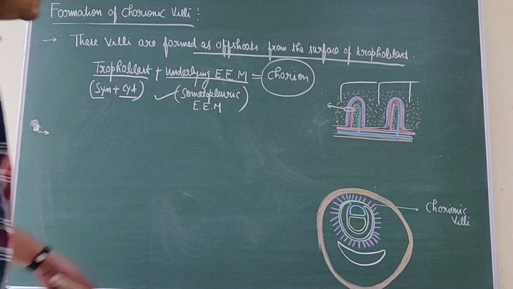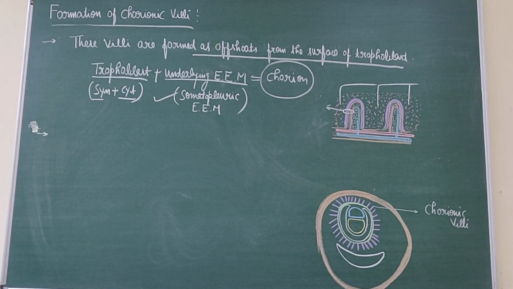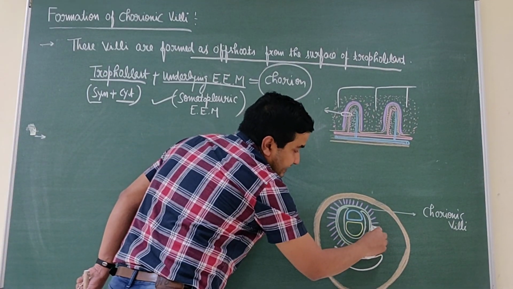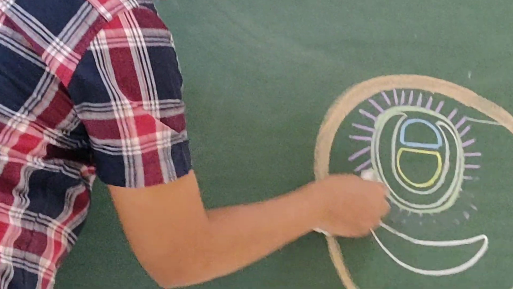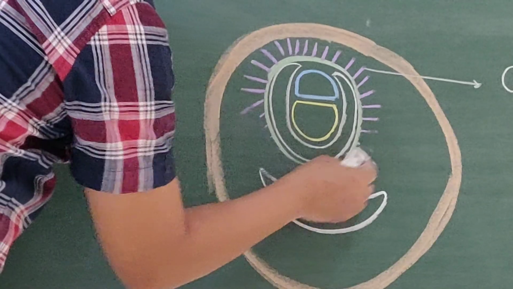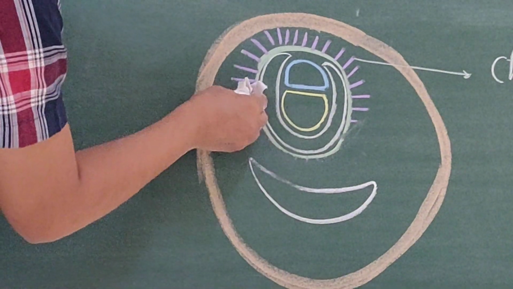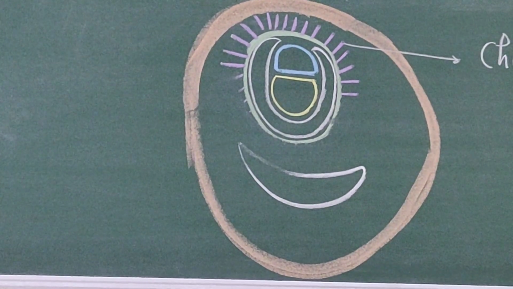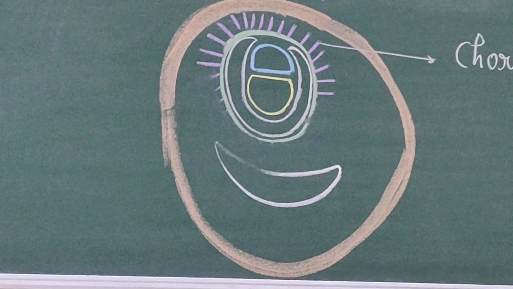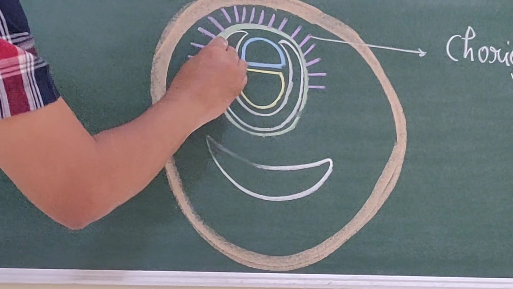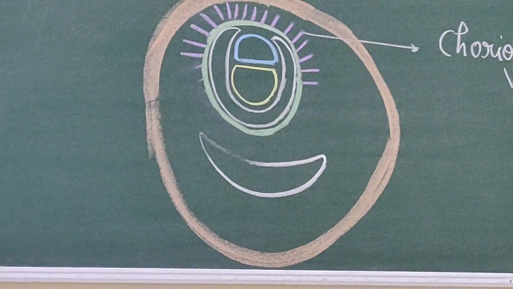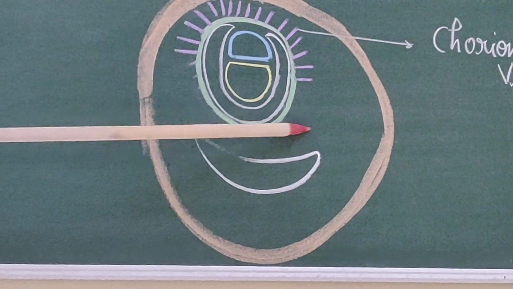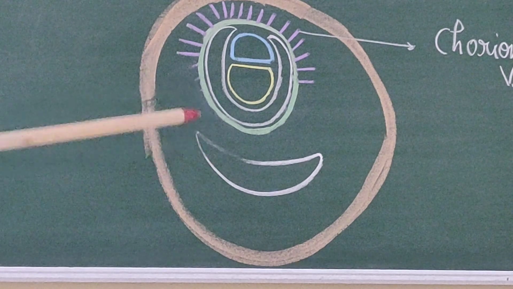But as the development progresses, these chorionic villi that are related to the decidua capsularis region, the villi related with the decidua capsularis region, undergo degeneration.